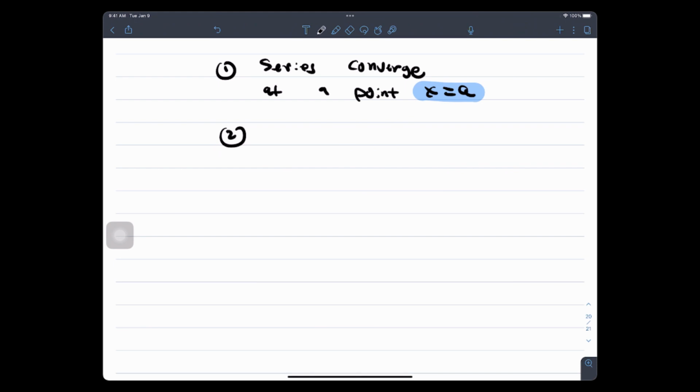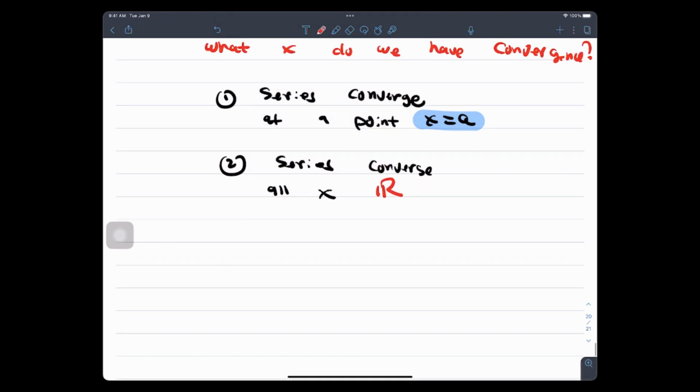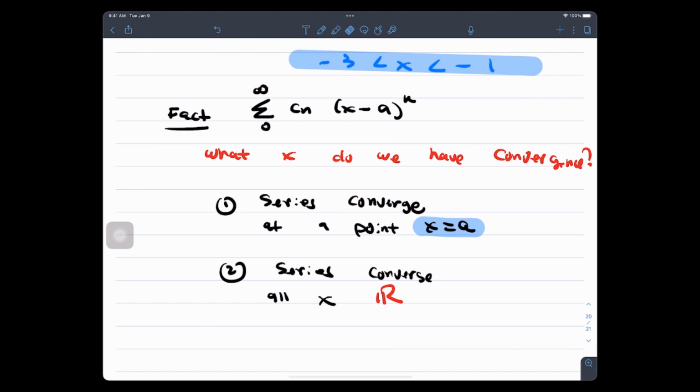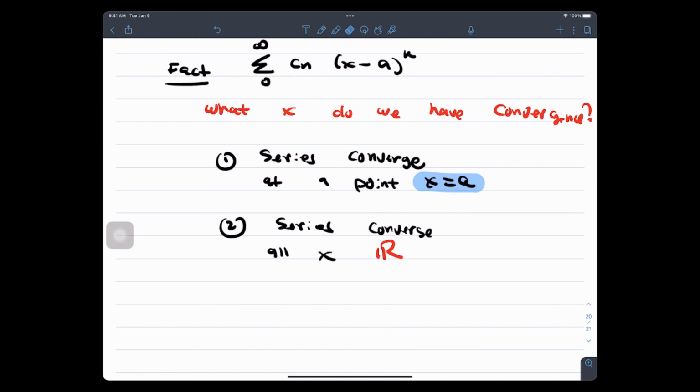Or the series will converge for all x. You say, what do you mean all x? X is any real number. So what you can have is that x value for a power series can be any real number. It converges for all values of x. Okay, so I can put any value of x in there, not just x is A, but any real number, you'll have convergence.